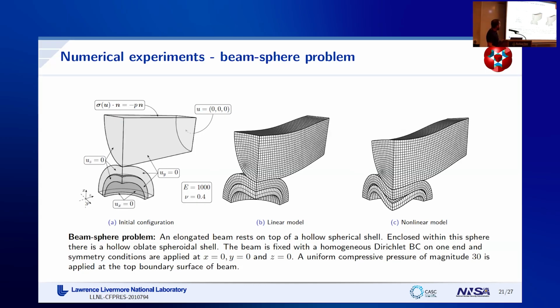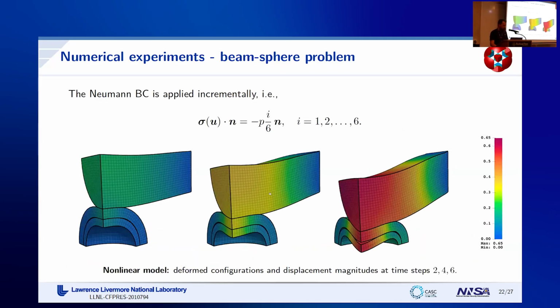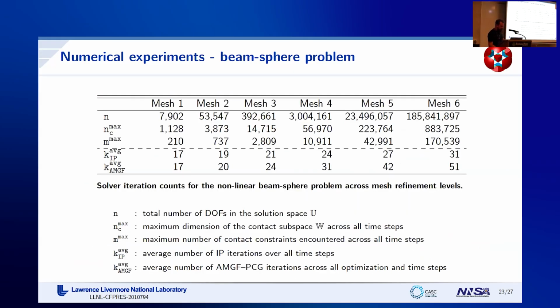We needed the nonlinear model to capture this buckling and this opening of the gap, because we wouldn't get it with the linear model. We solve it with six time steps, and I will show results for the nonlinear. The linear is similar. Again, from 17 to 51 average iterations, and the same for the interior point iterations, from 17 to 31, under 5 refinements.